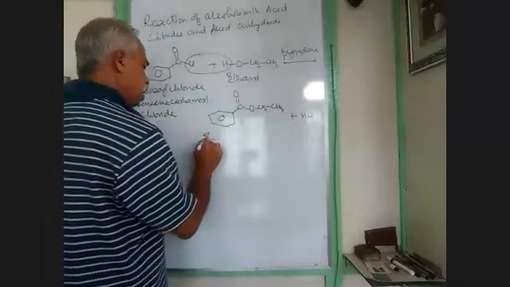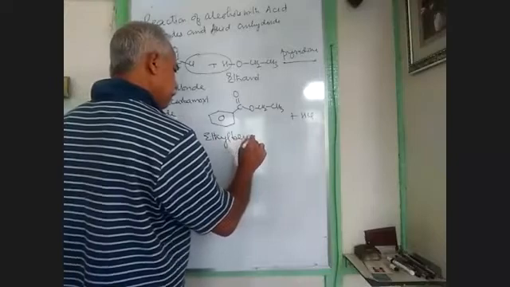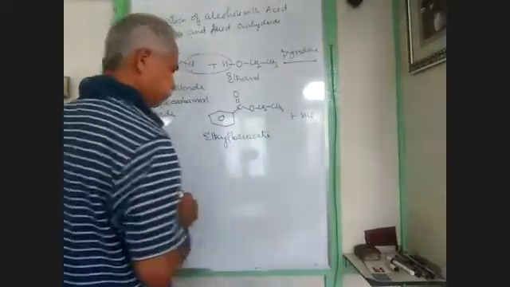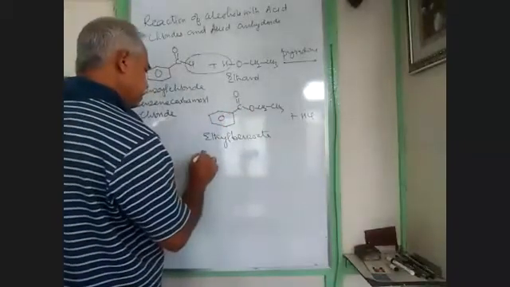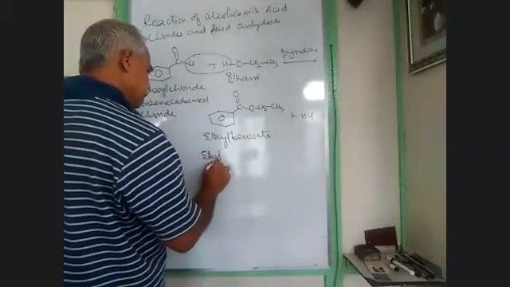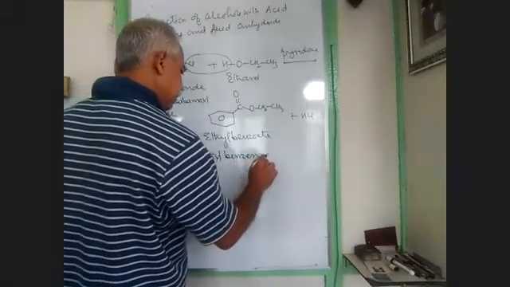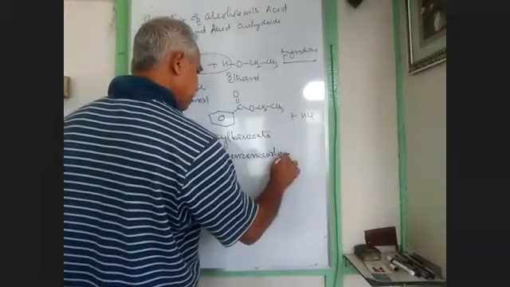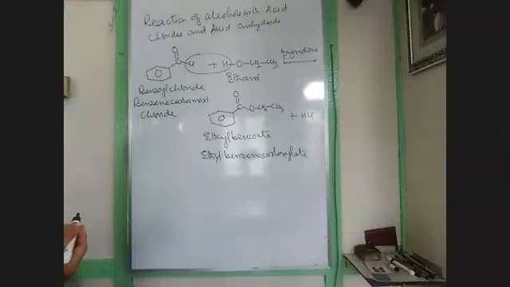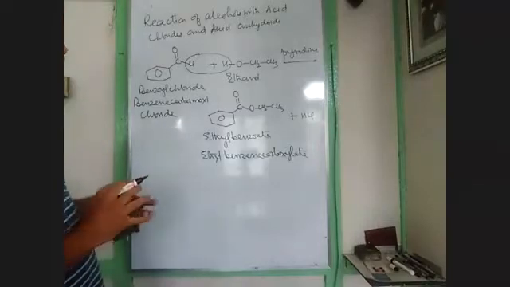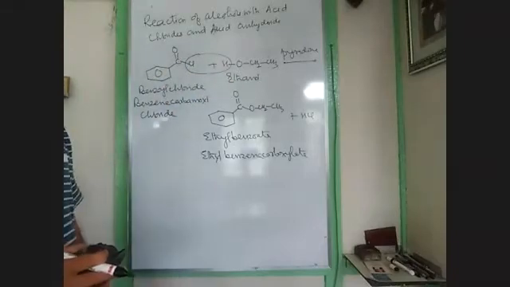So this is called ethyl benzoate, and its IUPAC name is ethyl benzene carboxylate. All right, so this is also the property due to hydrogen of an alcohol.